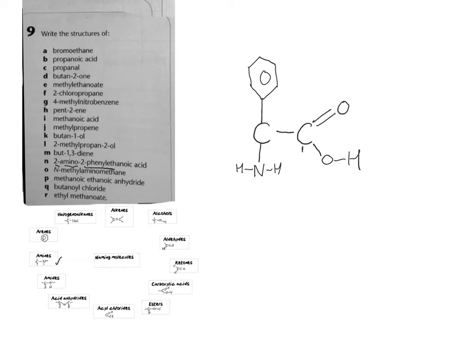Then we need to make sure that every carbon has the correct number of bonds. This carbon here has got 1, 2, 3, 4 bonds. This one's got 1, 2, so we need to put a hydrogen onto there. So that is our 2-amino, 2-phenyl ethanoic acid.